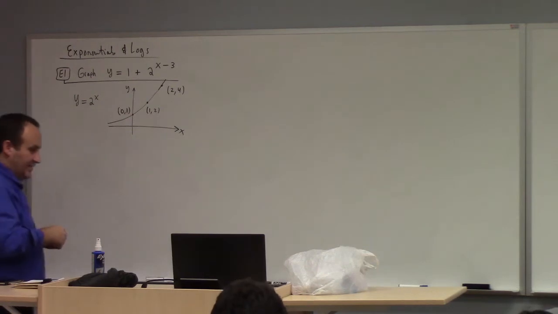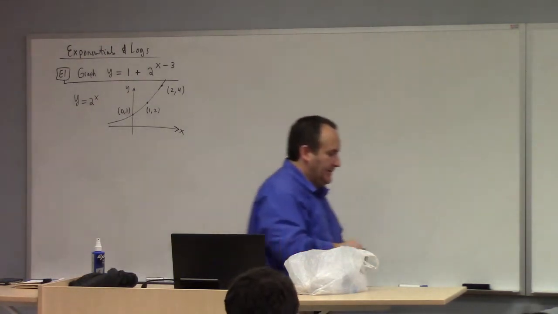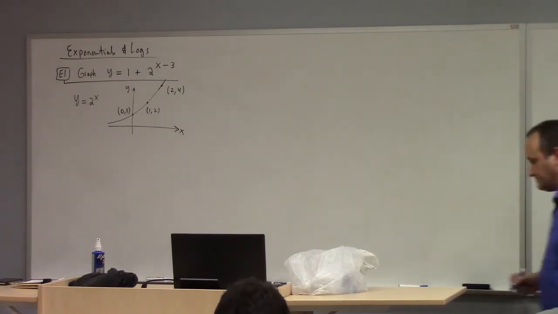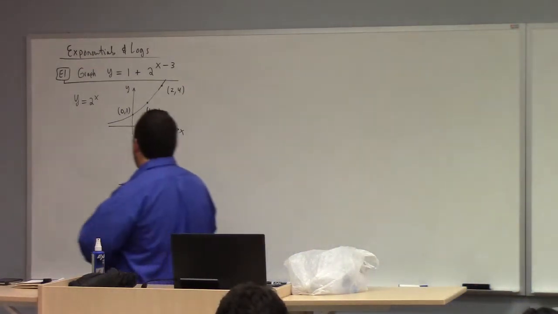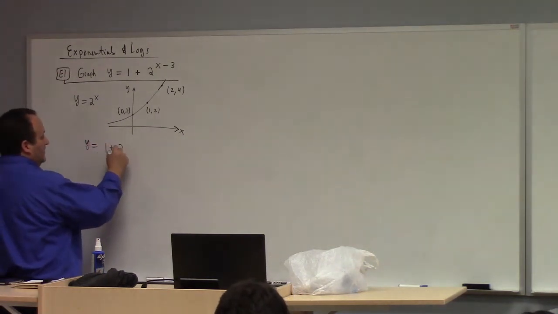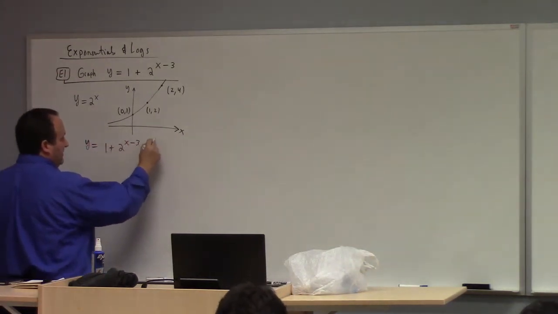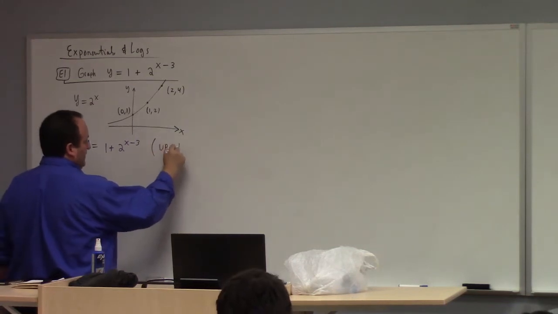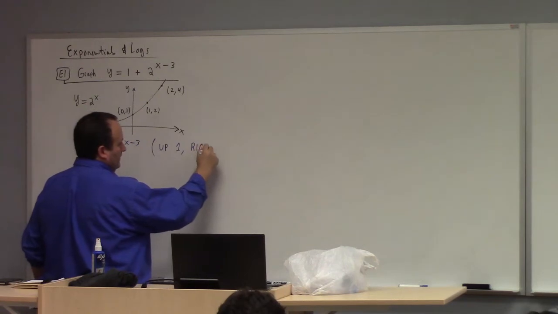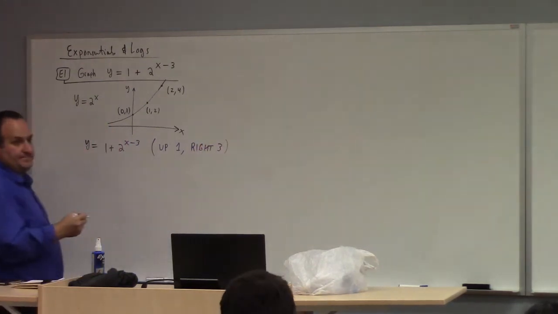So if I'm going to take that graph, what am I going to do to get the graph that I'm interested in for this example? So y equals 1 plus 2 to the x minus 3. I should go up 1, right 3, right?